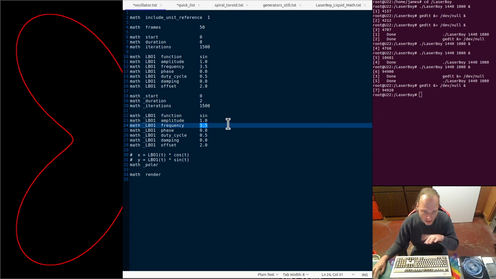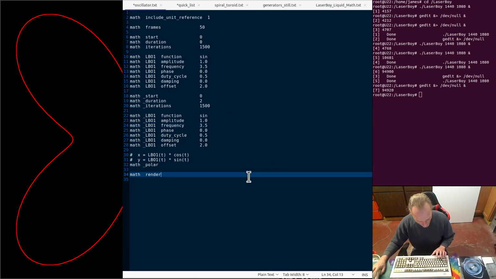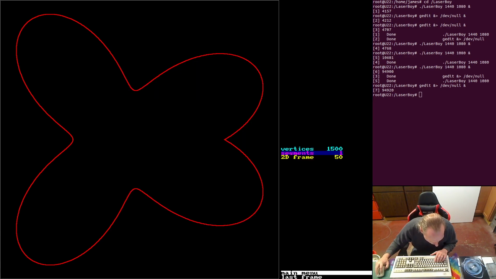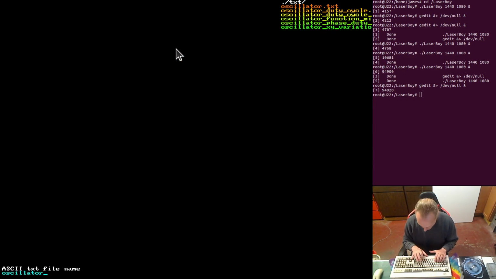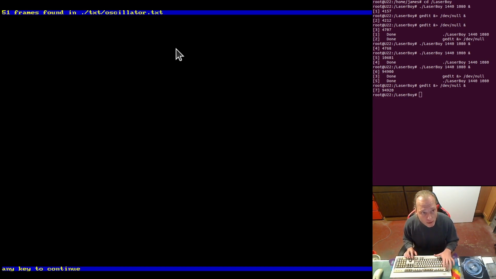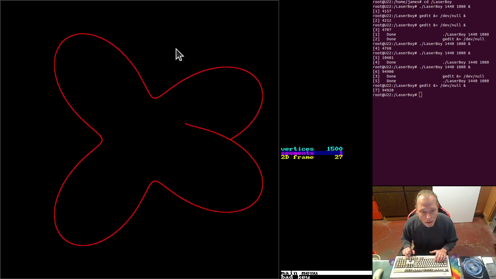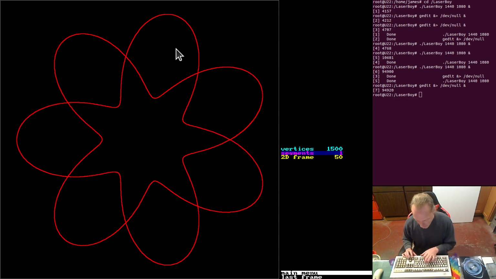It goes through 7 full cycles if you do it twice. And see, it finishes now. So you end up with this figure right here, which is pretty neat.